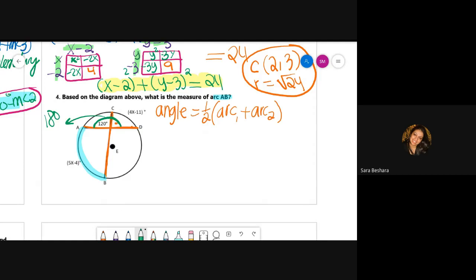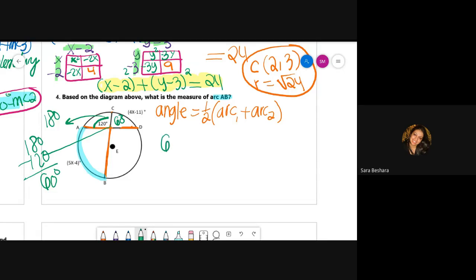Just for me to find this by itself, it would be 180 minus 120, which is 60 degrees. So the angle right here is really 60 degrees. Now again, where did the 60 degrees come from? Well, it is 180 minus 120 because both of these angles are on the same line.